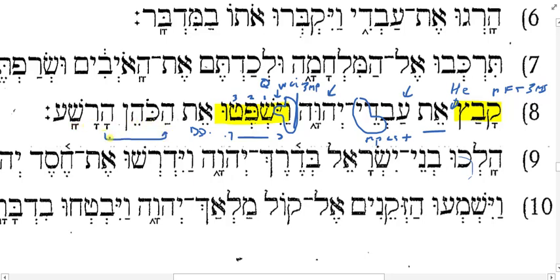What kind of an adjective is rasha here in ha-kohen, ha-rasha? It's attributive. That's right. It's telling me what kind of kohen they judged, right? So they judged the wicked kohen. They judged the wicked priest. And the they here is obviously the Avdei Adonai.